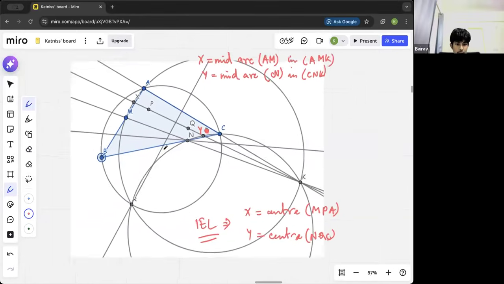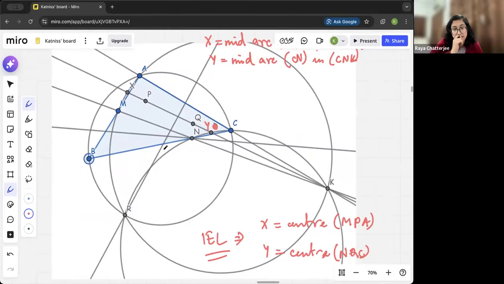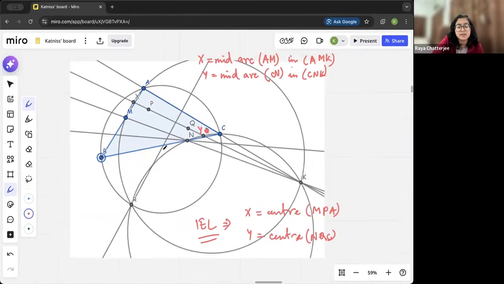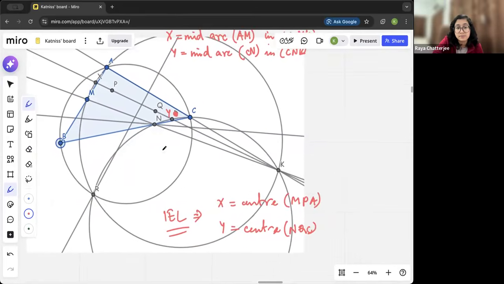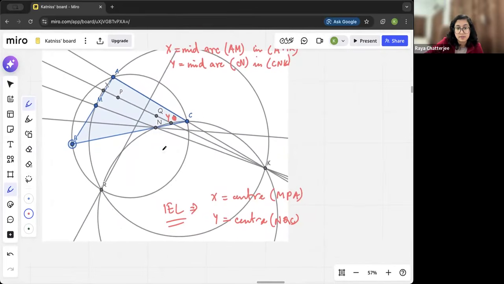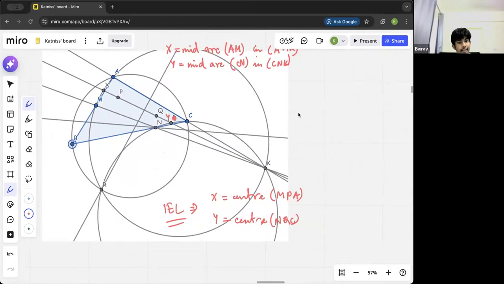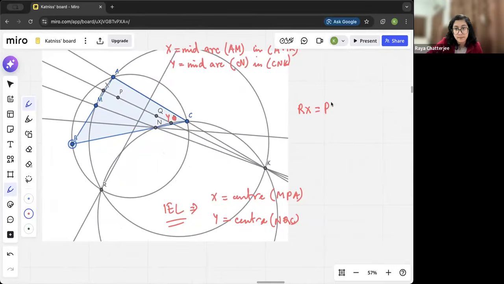Yes. Perfect. So that is going to mean Rx is equal to Ry, right? Obviously Rx is equal to Ry because the same spiral similarity is going to send it there. So Rx equals Ry, and R is still the center of the spiral similarity that sends XY to AC. And also you have Qy equal to xp, right?